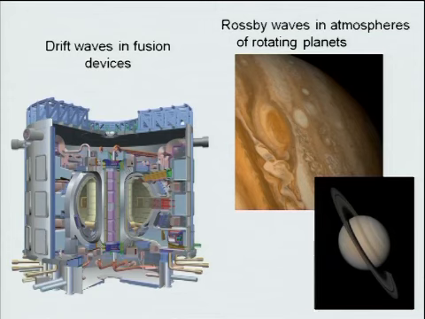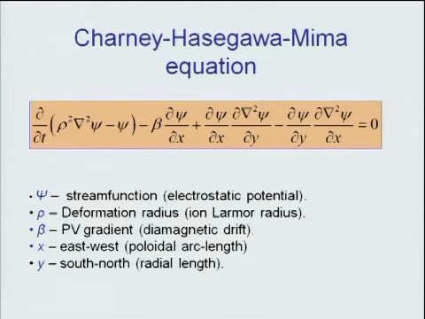And the tokamaks. For a reason: it was noticed a long time ago that they have common linear and nonlinear properties, analogies that could be summed up in a minimal model, the so-called Charney-Hasegawa-Mima (CHM) equation.